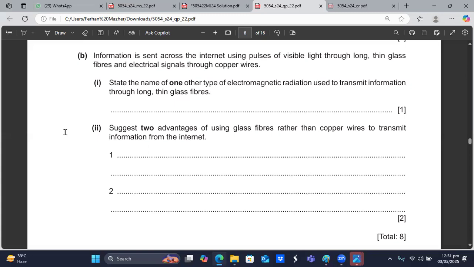There is less interference in the optical fiber as compared to copper wires. And you also need fewer amplifiers or boosters in the case of optical fiber as compared to a copper wire.